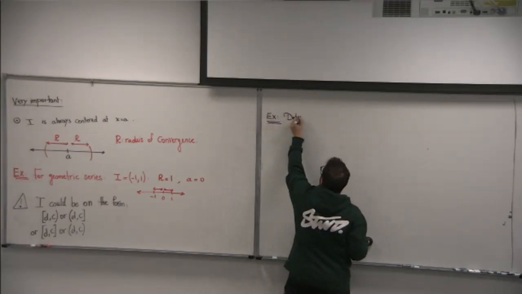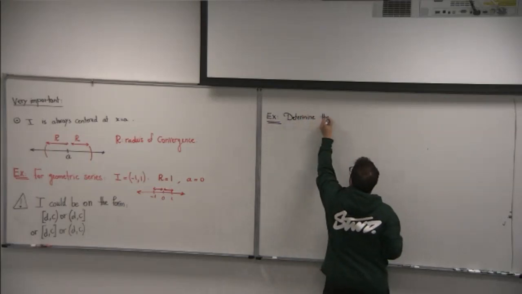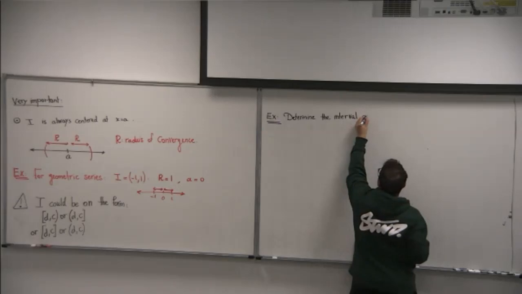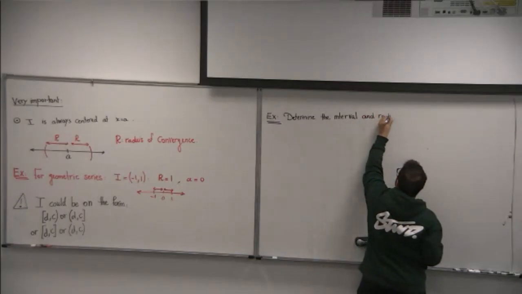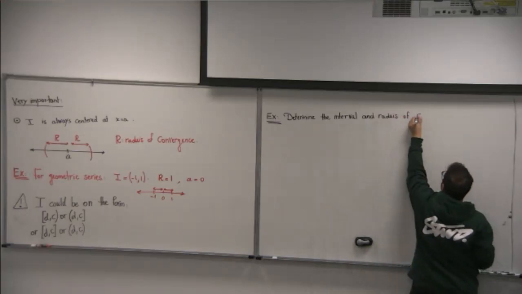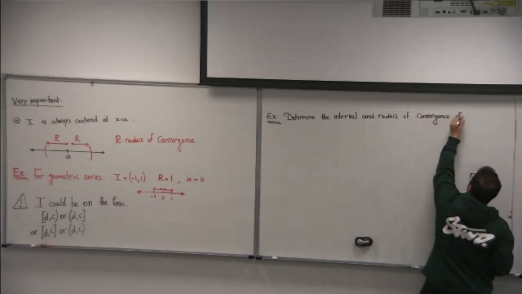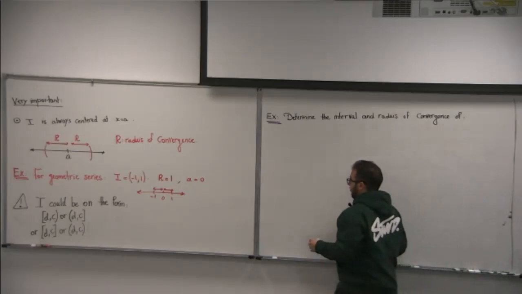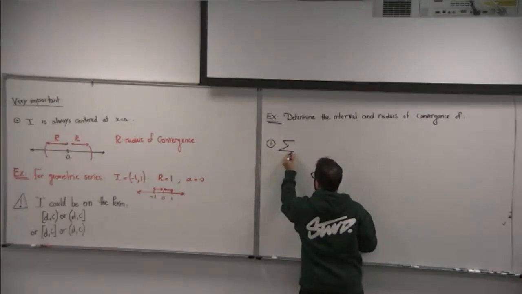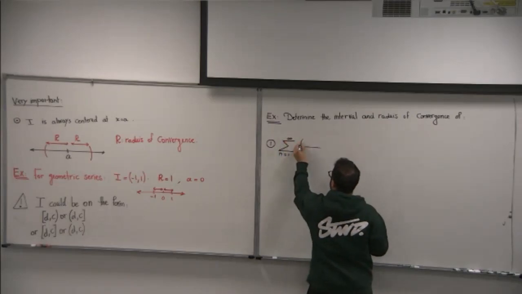Determine the interval and radius of convergence of the following power series, n equals 1 to infinity.